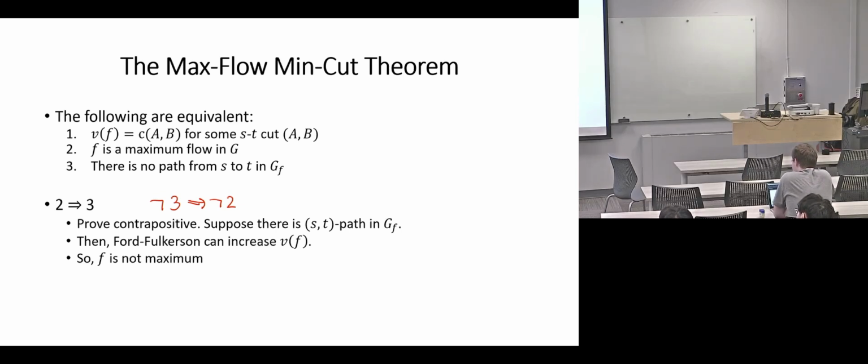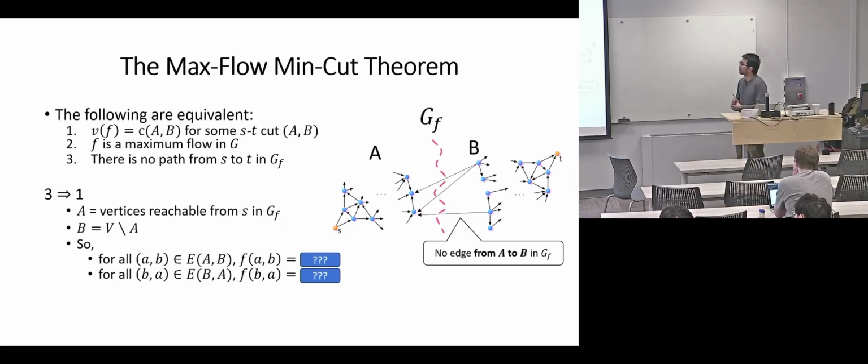Then you can find that path, and Ford-Fulkerson will increase the flow value. So f is not maximum. Okay, that's clear. So now I just need to prove from 3 to 1.